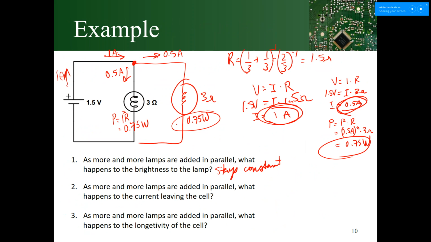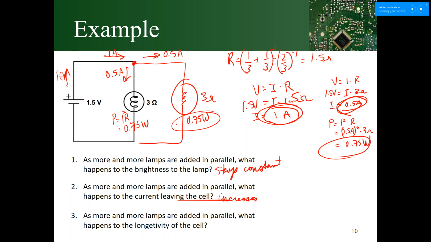2, as more lamps are added in parallel, what happens to the current leaving the cell? It's what? Yes, increases. As more and more lamps are added in parallel, what happens to the longevity of the cell?